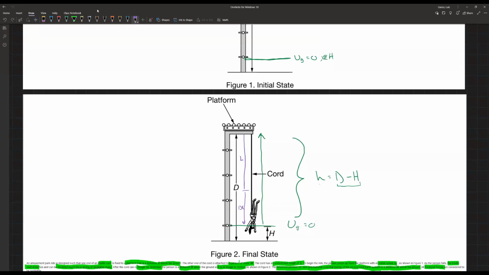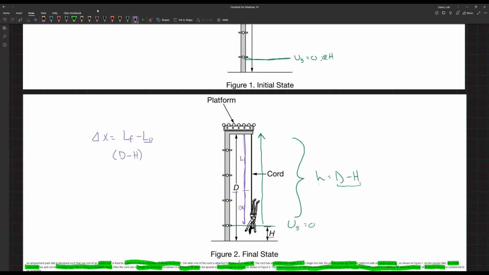If we look at this, we can calculate the displacement. So delta x is going to be the final length minus the original length. The final length of the cord is this entire purple line here. That entire purple line was already called d minus h. So here we're going to have d minus h.